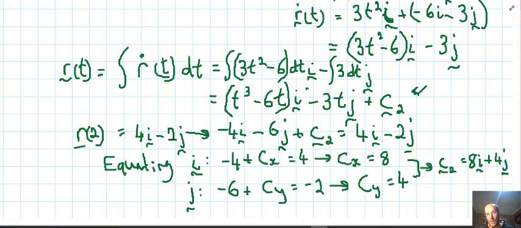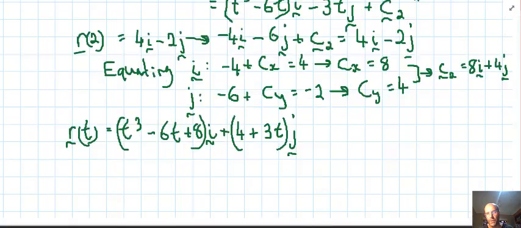Okay, the same process as we did a step earlier, and we've got c sub 2 is 8i plus 4j. Just to save some time, we didn't write that intermediate step there, and grouping them together in i and j components, we have our position vector.